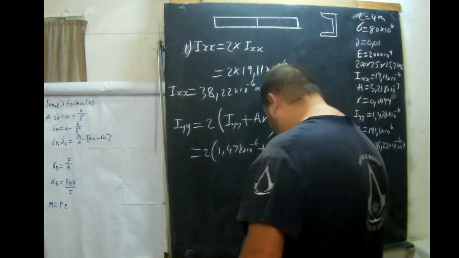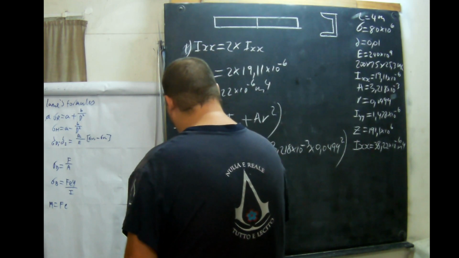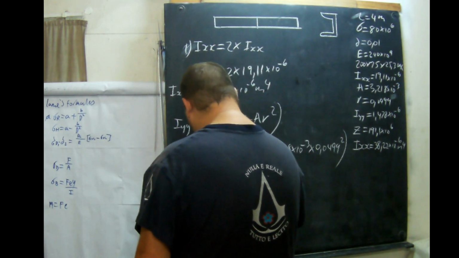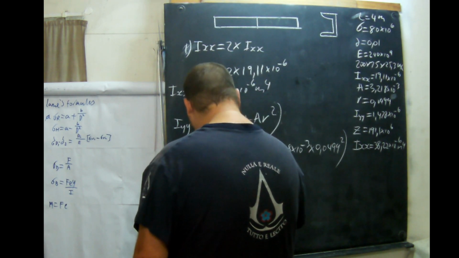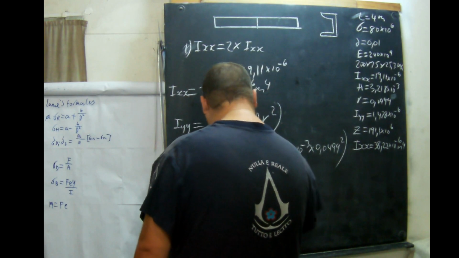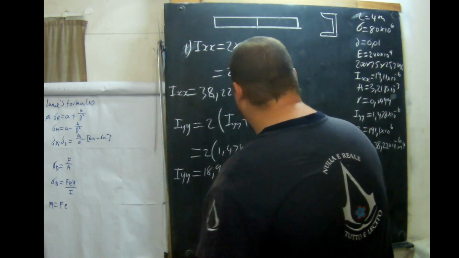And that gives us an answer. So I, yy is our answer of 18,982 times 10 to the minus 6 m to the power 4.